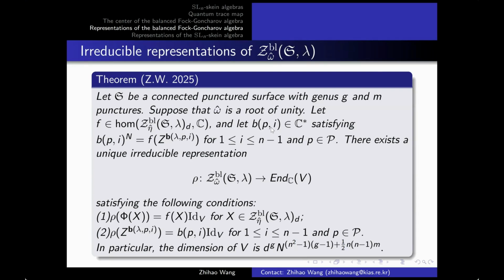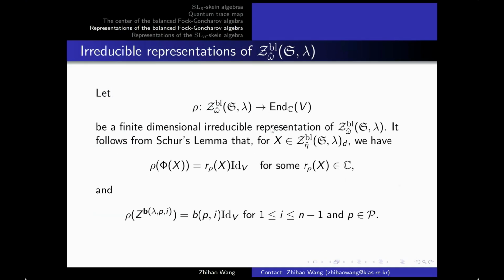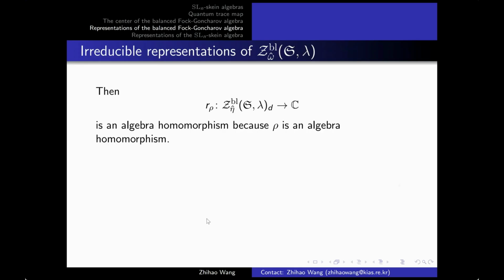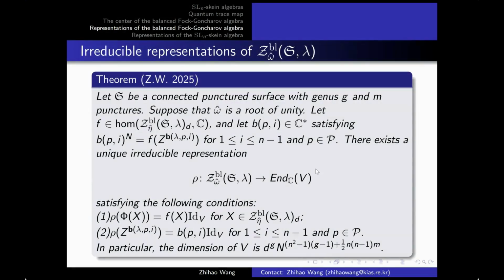From the definition of this B, you can see why it is not zero: it is a Laurent monomial, and it is invertible because this guy times z to the power of minus b is 1. This is why it must be a non-zero complex number. And we also have non-zero complex numbers B_P^i such that B_P^i to the power of n equals this. So that is the relation between these two data.